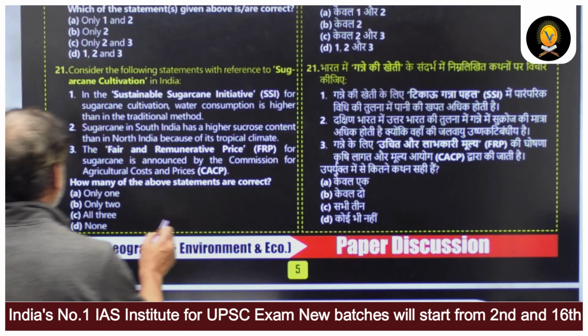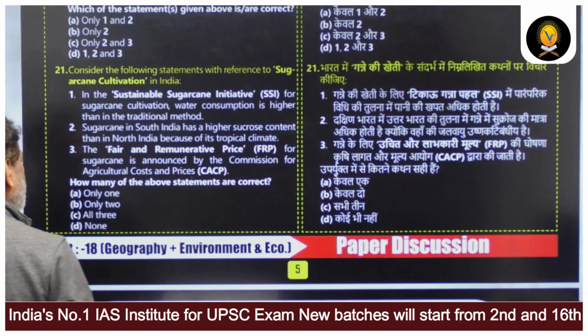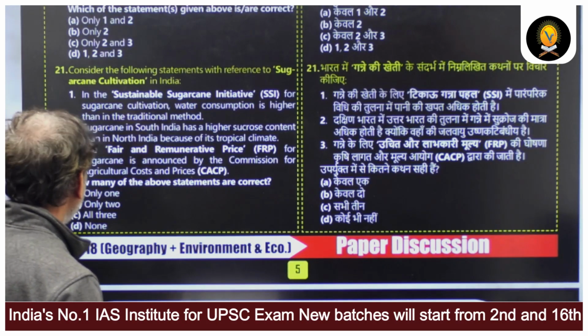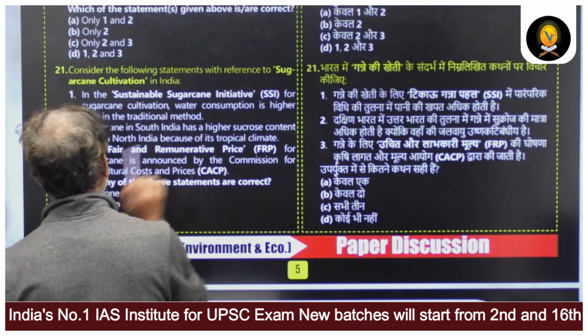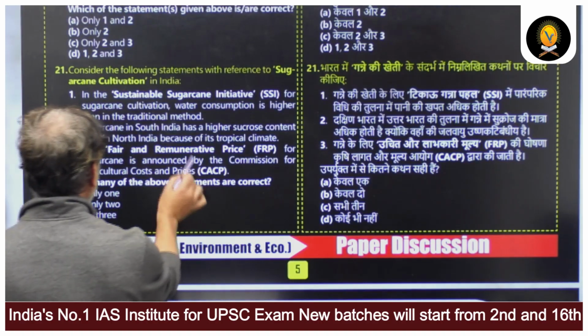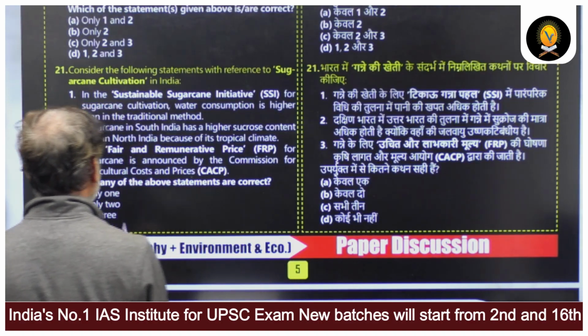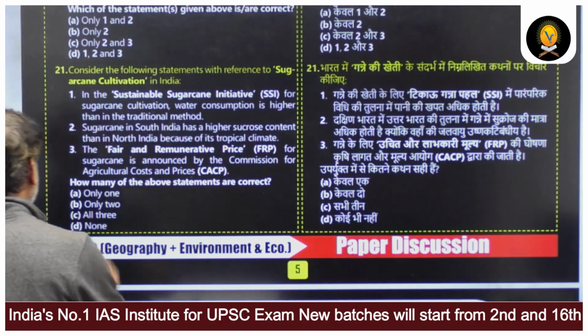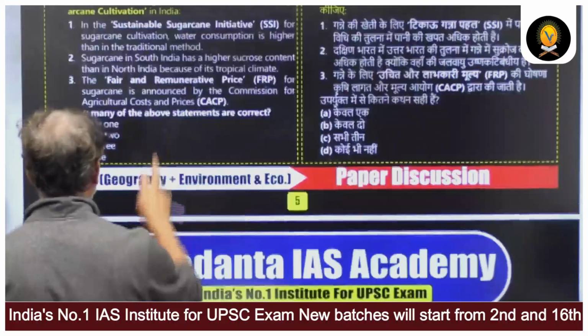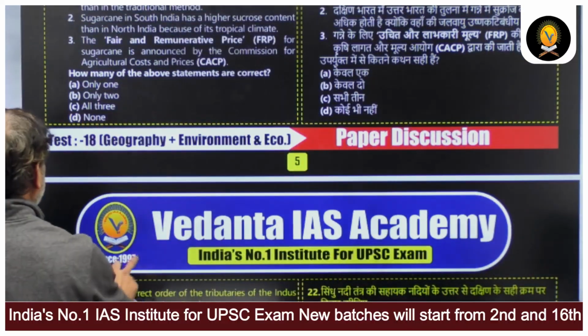Announced by, okay, sorry, it is the CCEA, Cabinet Committee on Economic Affairs, headed by the Prime Minister. It is recommended by CACP, but announced by the Cabinet Committee on Economic Affairs headed by the Prime Minister. So, this is also incorrect, only number 2 is correct, only one option is correct.